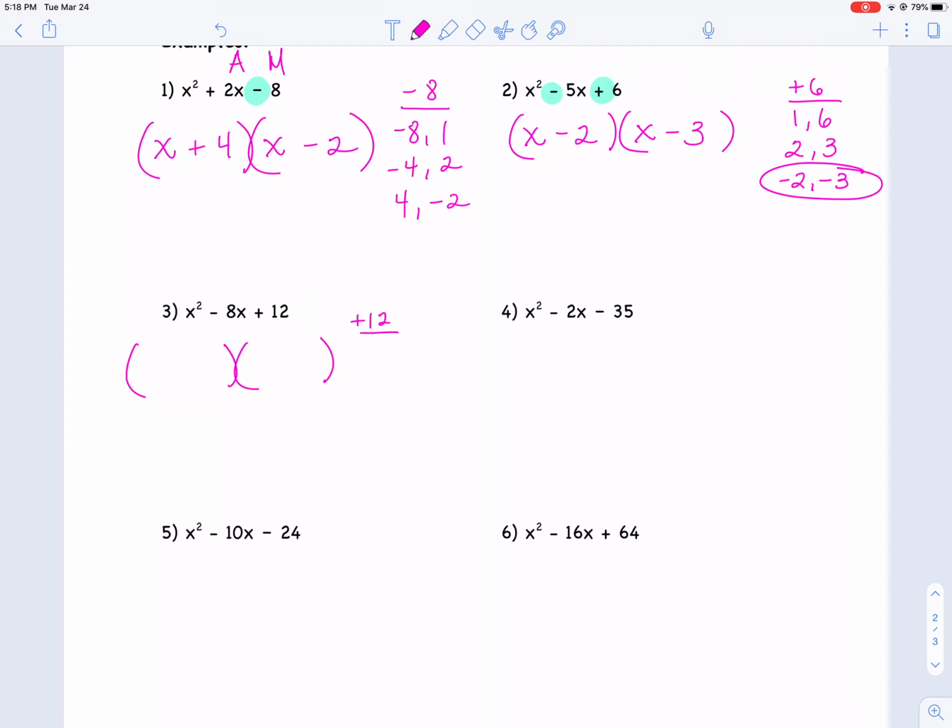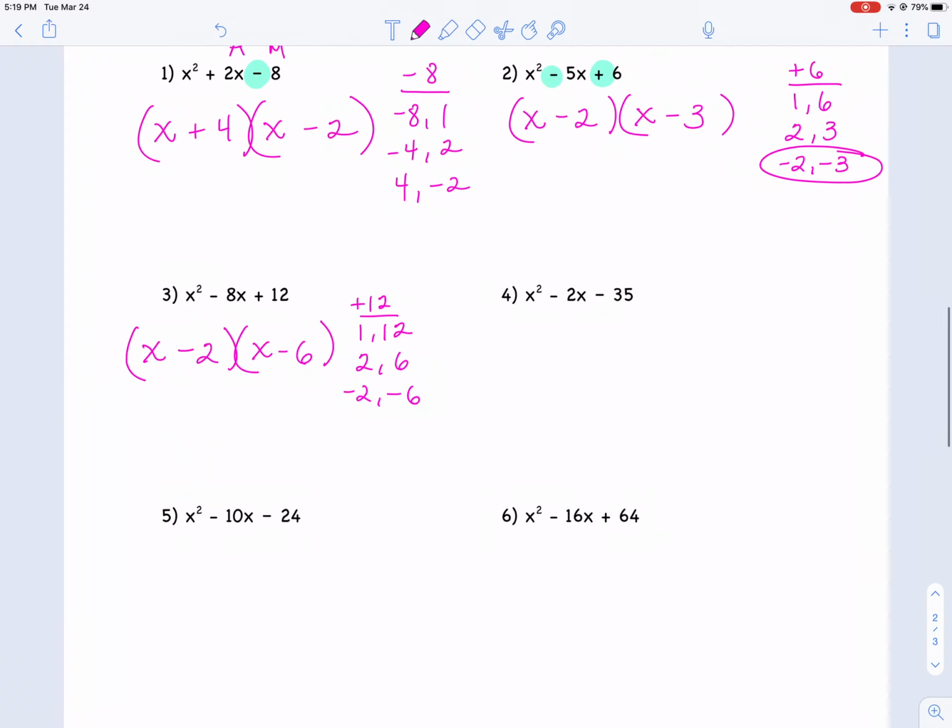Okay, so let's see, 1 and 12, that won't add to -8. 2 and 6, now what does that add to? +8. So what two numbers will multiply to 12 and add to -8? -2 and -6. So that's an x minus 2 and an x minus 6, and that is your answer. Again, you could distribute to check yourself.